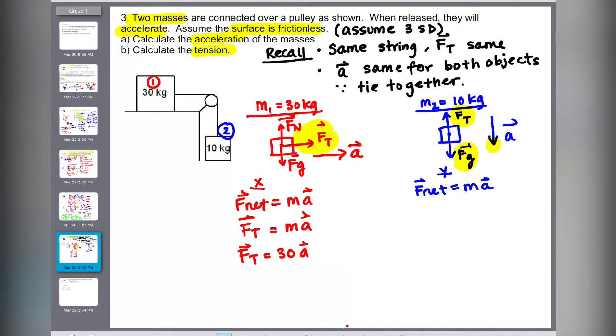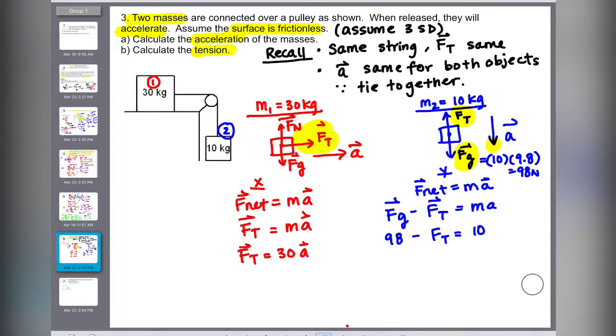So the net force in this case is Fg minus Ft equals MA. I can solve for my mg because I know it's 10 kilogram. So it's 10 times 9.8. So I have 98 newtons to be what Fg is. So 98 minus Ft equals m, which is 10 times A.